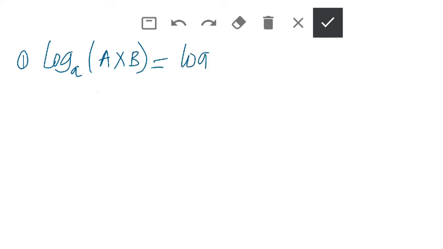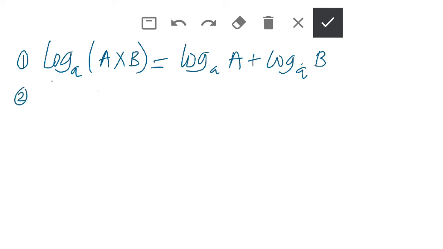We can have the laws of logarithms as follows. Number 1, the log to base a of a times b equals the log to base a of a plus log to base a of b.